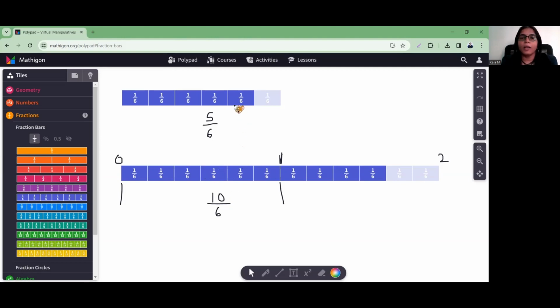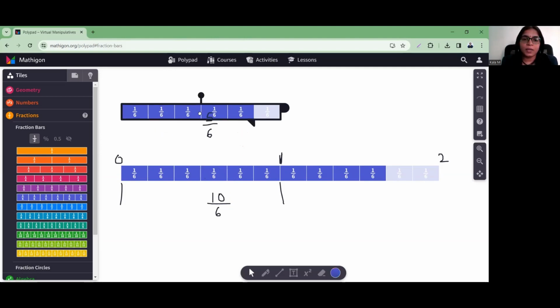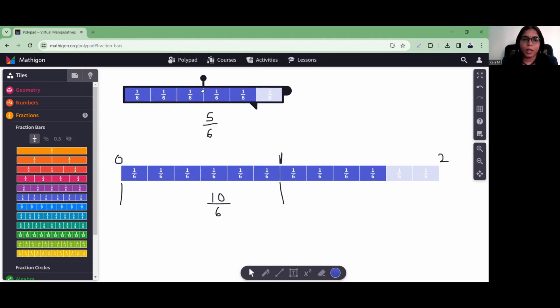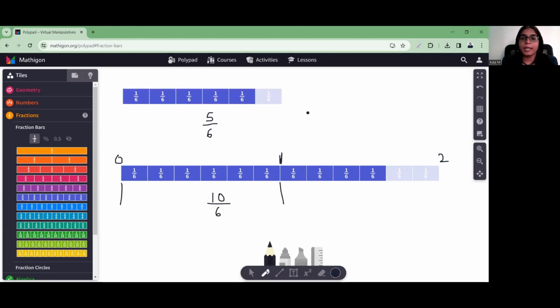Now, this fraction, if you see, it is less than 1. See here, it's less than 1. Now, when a fraction is less than 1, it is called a proper fraction. Now, this 10/6, we see the colored part is going much more beyond the 1.